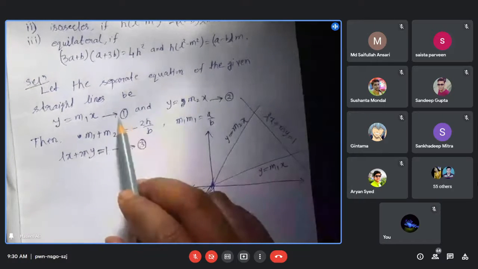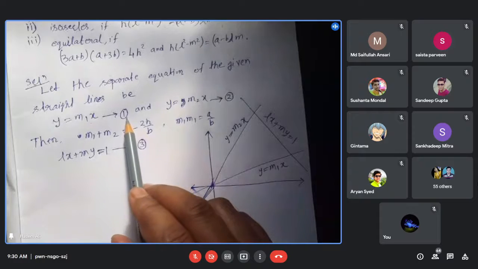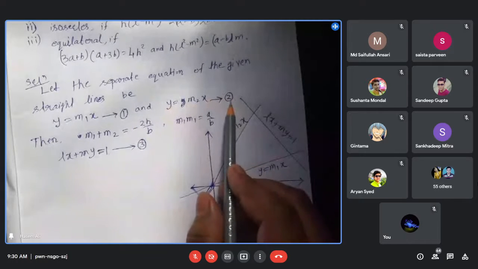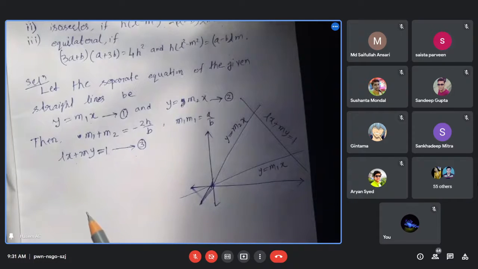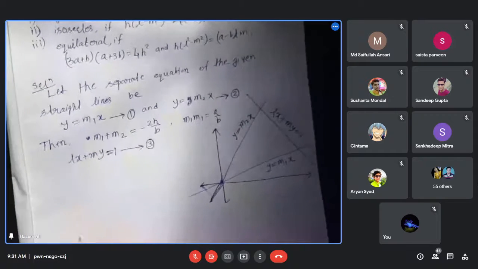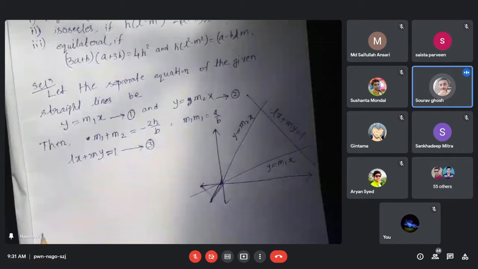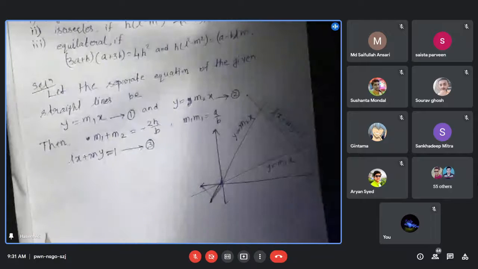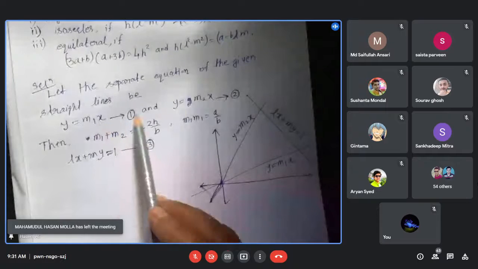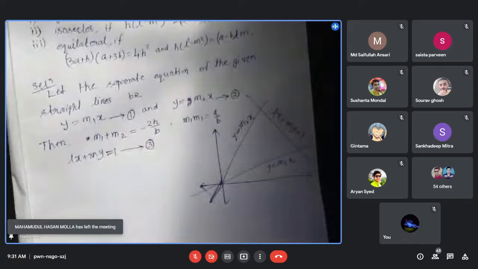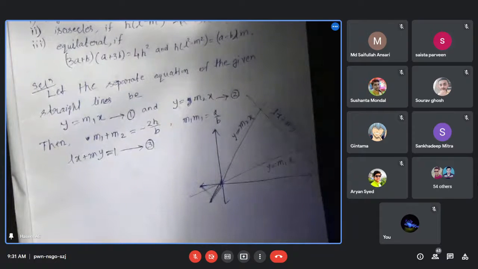Now the straight line 1 and straight line 2 will be perpendicular. What is the condition? Sir, m1 m2 equal to -1. Yes, this is the general condition. But what is the condition for perpendicularity of these two straight lines for the case of a pair of straight lines? We thought in the previous class.